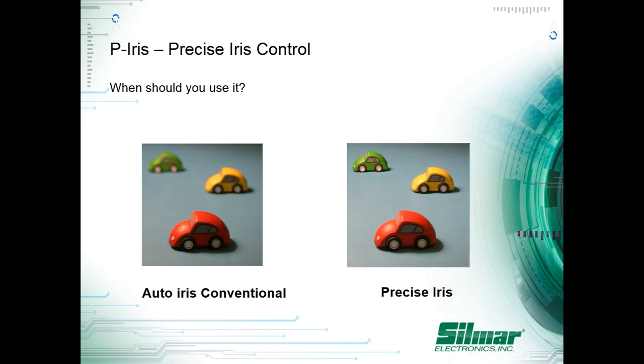So what if I wanted to see the entire scene in sharp focus? Then I would deploy a camera with precise iris control. In the example to the right, you'll see that the red vehicle is in sharp focus, just as it was before, but now the yellow and green cars are also in sharp focus.